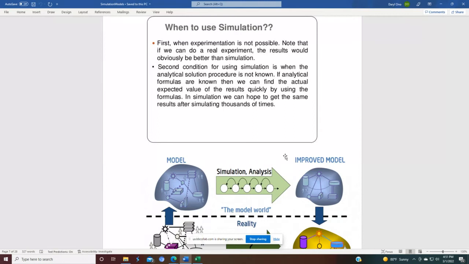Now, a second condition for using simulation is when the analytical solution procedure is not known. If you have an equation that will do the prediction for you, well, you don't need simulation. You don't need experimentation. But if you don't have those procedures down mathematically where you can calculate the answer mathematically, simulation models are the way to go.